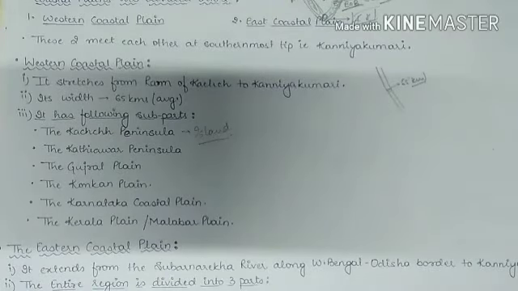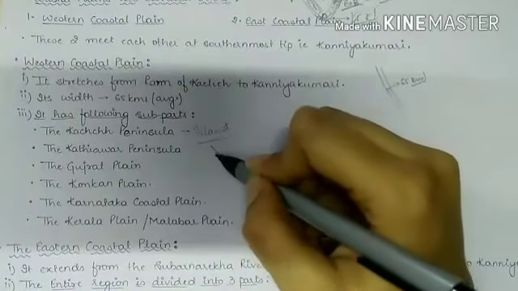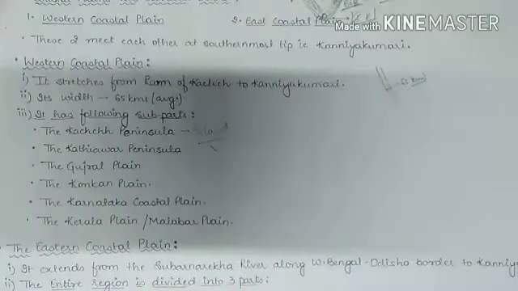Now this Kutch is divided into two. First, we have a broad, level, salty plain, which is known as Great Rann, and its southern continuation is known as Little Rann, which lies on the coast, okay, and southeast of Kutch.